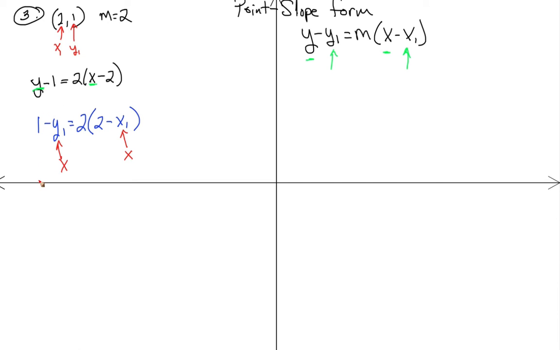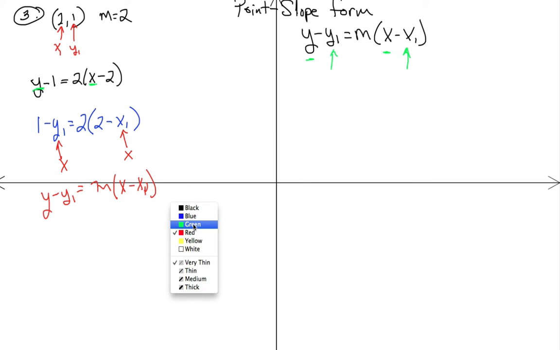My final product should always have my variable y, and then I'll have some slope times my x minus, and this x1 and this y1 are the ones that get replaced, not these right here. So that's a common mistake.